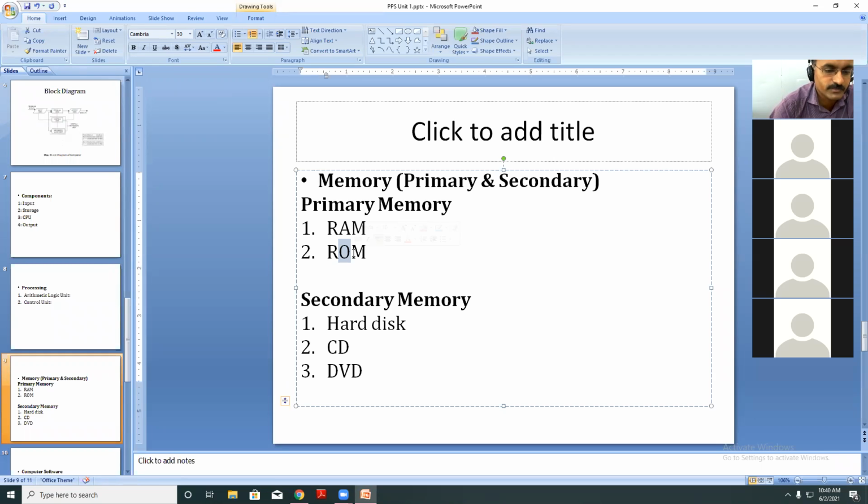Whatever operations you are currently doing, like I am presenting this PPT, the instance of this PPT is there in the RAM. Whatever changes I have just made below the arithmetic logical unit are stored temporarily on the RAM.